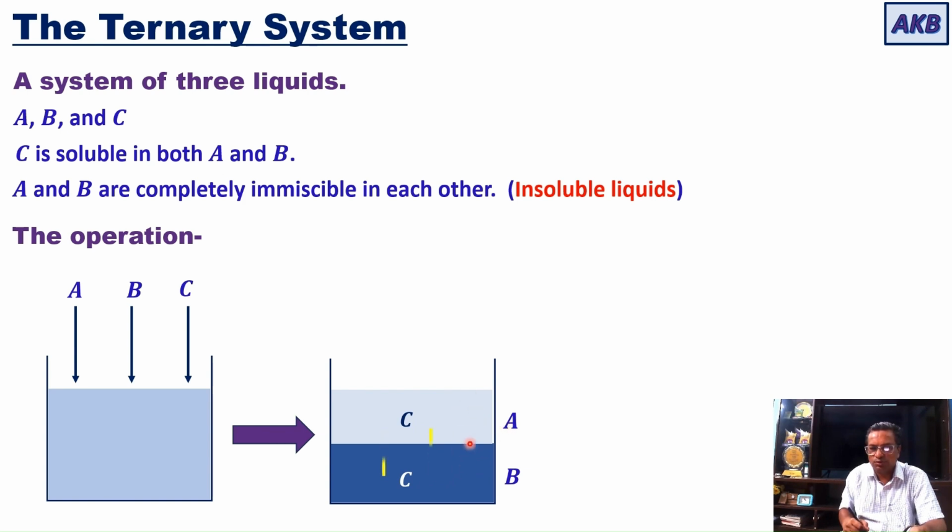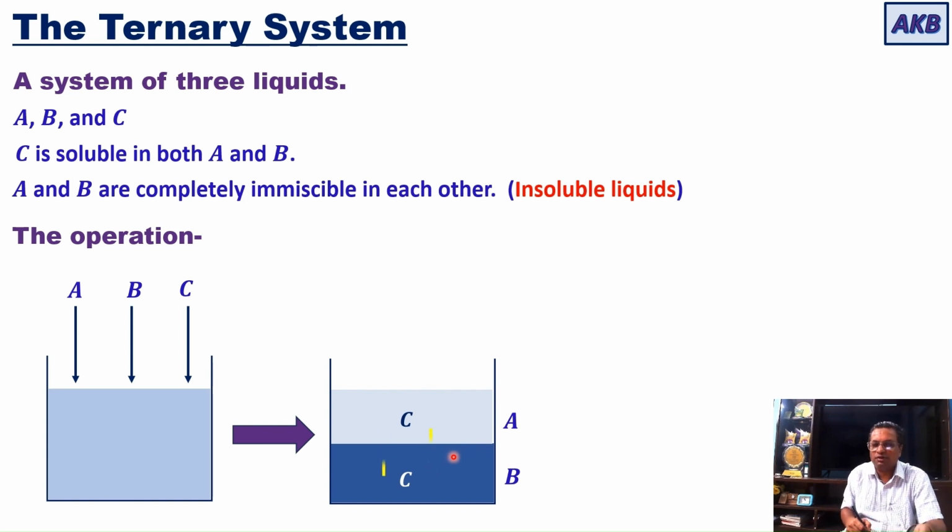When the two layers come to equilibrium with each other, the rate of transfer of C from the A rich layer to the B rich layer is equal to the rate of transfer of C from the B rich layer to the A rich layer. So there is no net transfer of C across the interface between the two phases. Under these conditions, we say that a dynamic equilibrium is reached.